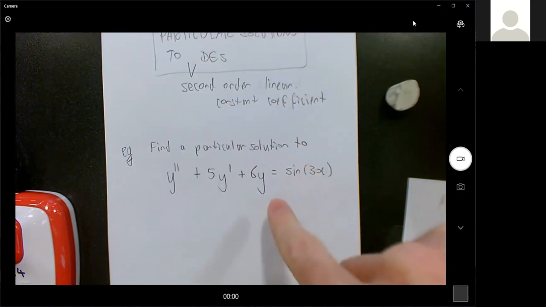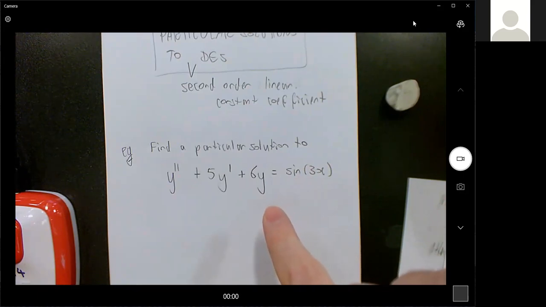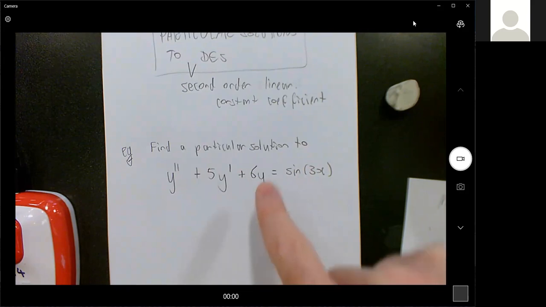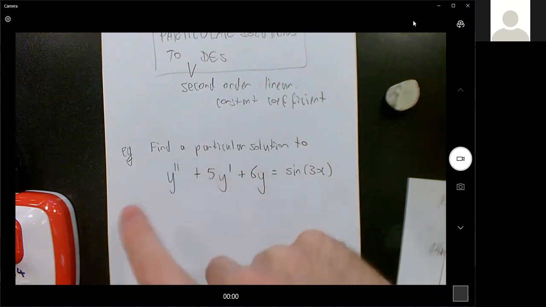I know a function whose derivatives have sine of 3x in them, and it's sine of 3x. But I know another function whose derivatives have sine of 3x in it, and that's cos of 3x. So I'm going to say maybe y is made of some combination of sine of 3x and cos of 3x, so that when I do the derivative and the second derivative and combine them all together, somehow all the cosines cancel out and I end up with sine of 3x. That's the thing I'm thinking of.